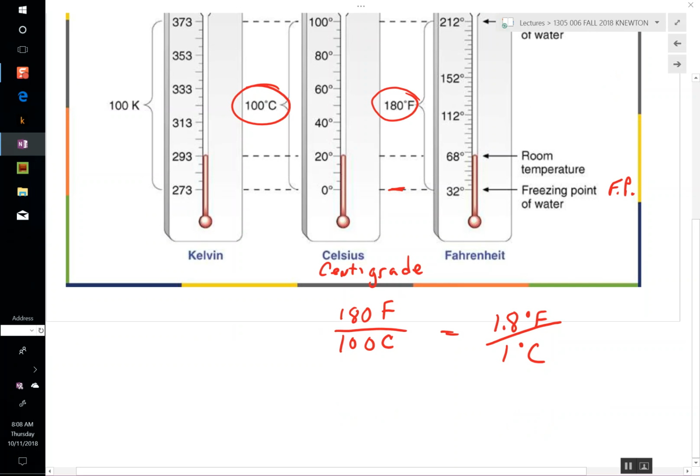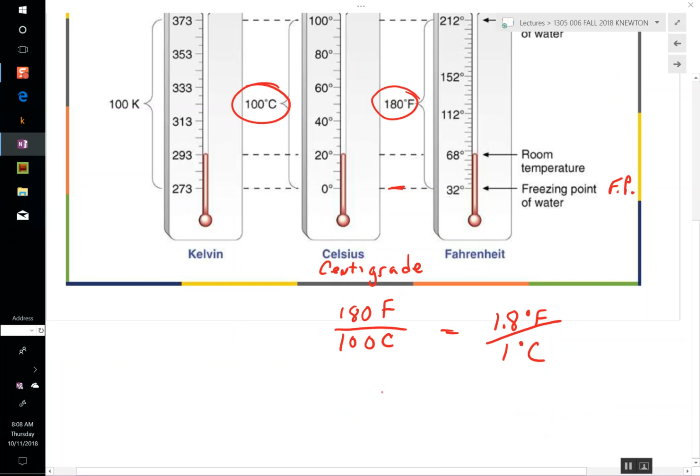So if we have a centigrade degree and we want to convert it into Fahrenheit, we have to multiply that by 1.8. Why? Because there's 1.8 Fahrenheits per centigrade. And we have to add 32.